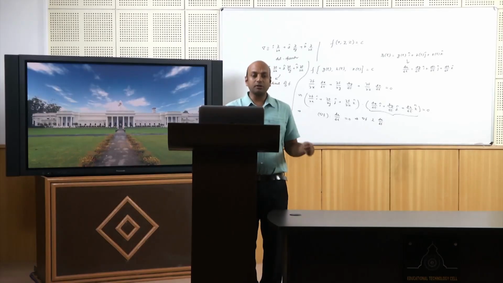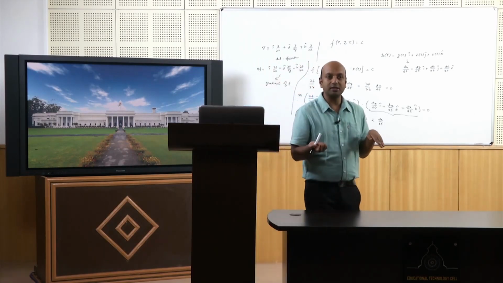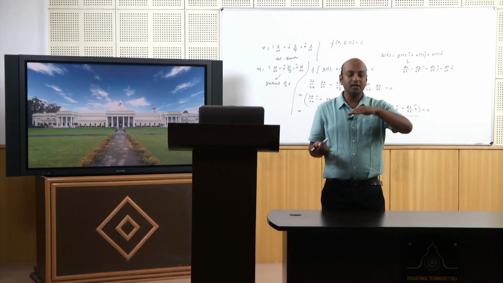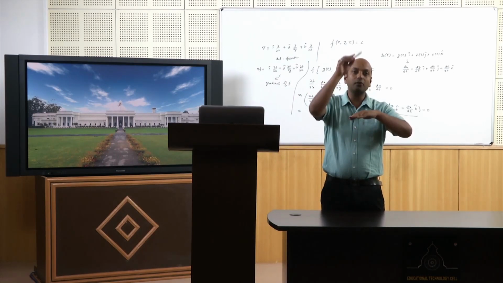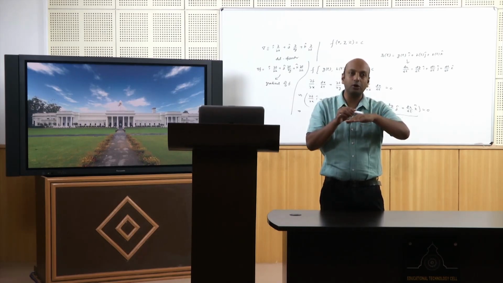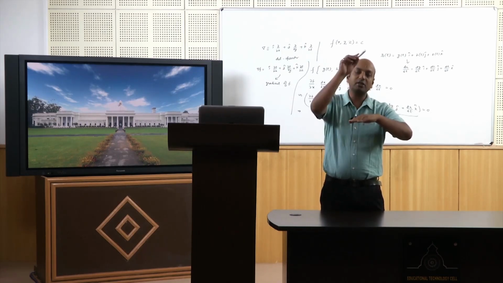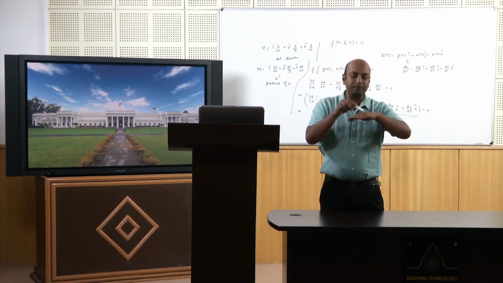Now, suppose you want to find a normal line at a point x naught, y naught, z naught. Now, this is a surface and you want to find a normal line. The gradient of f is normal to a surface at p naught, and the normal line is also perpendicular to the surface at that point.